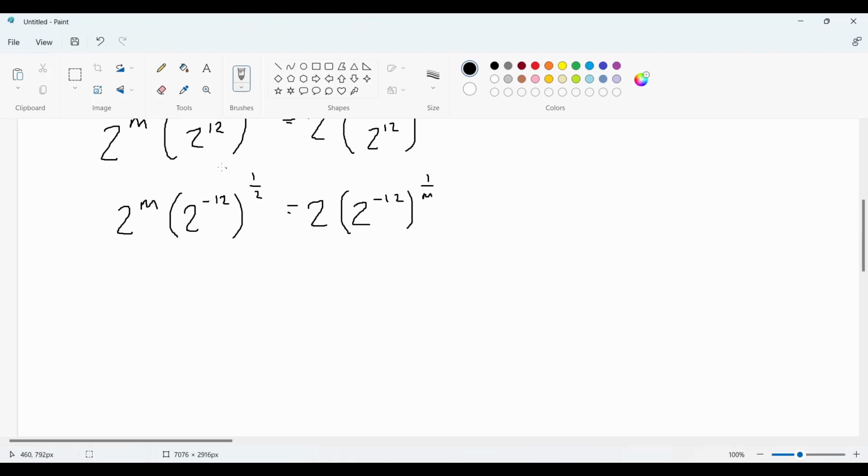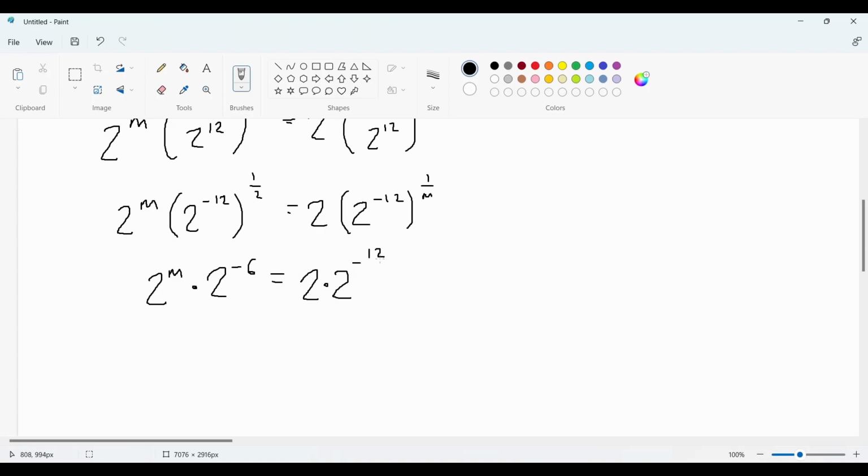Now we can use exponent rules. We can multiply these exponents together to simplify them. So it becomes 2 to the power of m times 2 to the power of negative 12 times 1/2, which is negative 6. And this is going to be 2 times 2 to the power of negative 12 over m.